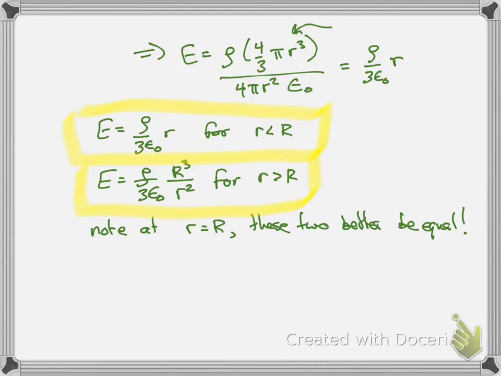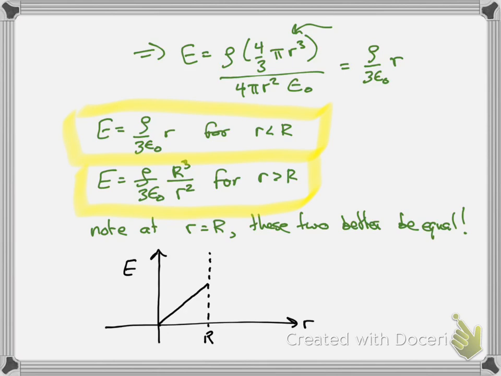What I mean by that is let's make a graph. Let's see what the electric field as a function of r looks like. At r equals 0, little r equals 0, what's the electric field? It's 0. And it increases radially, it increases with radius r, until little r equals big R. And then what does it look like outside?